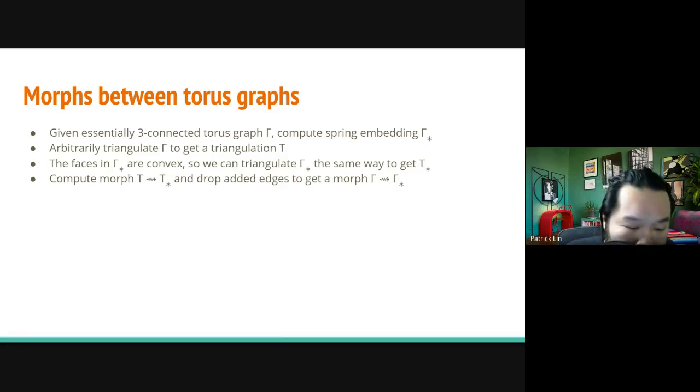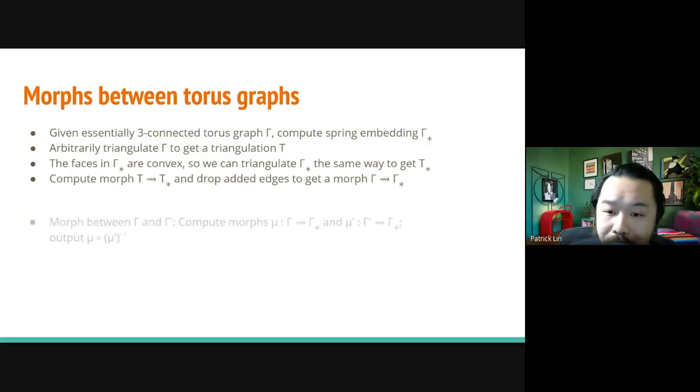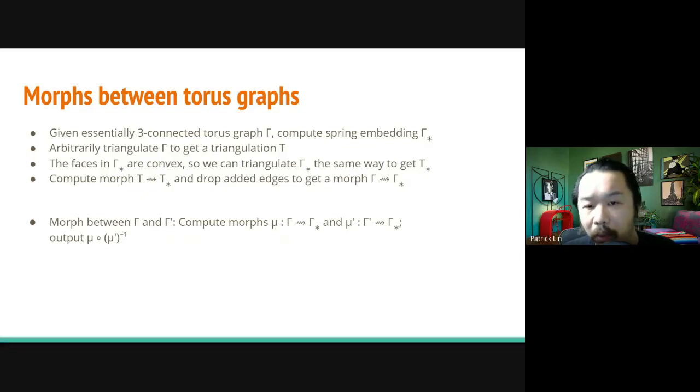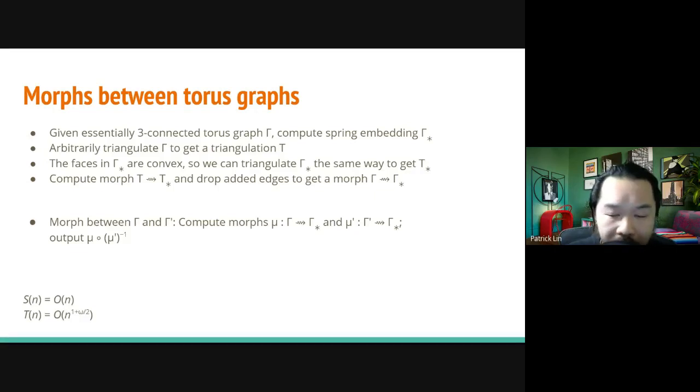And so this bypasses a lot of the pain that happened in the planar case about trying to come up with compatible triangulations. And so, once again, it's this thing where we go to the spring embedding and then we go out from the spring embedding. Really, this doesn't change the asymptotics at all, because we're just doubling things.